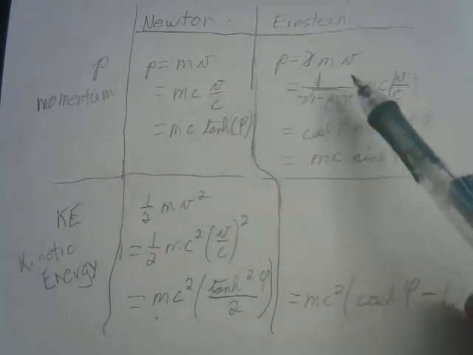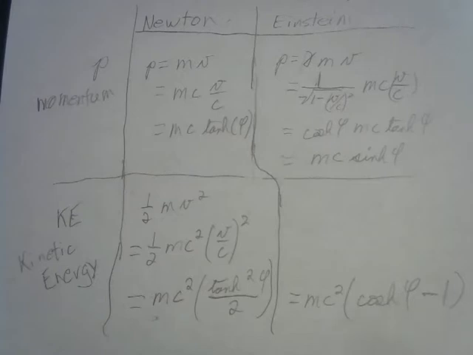that the Einstein momentum is mc sinh phi, we can derive this right here, which is that the kinetic energy is mc squared times (cosh of the hyperbolic angle minus 1). This is interesting because I think this is essentially where the equation E equals mc squared comes from.